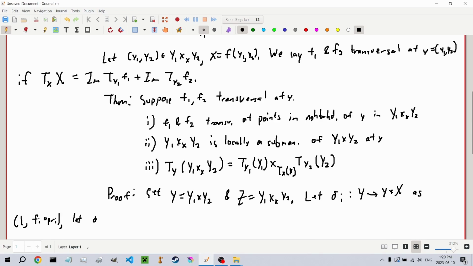And we're going to let delta be the restriction of these delta i's to Z.